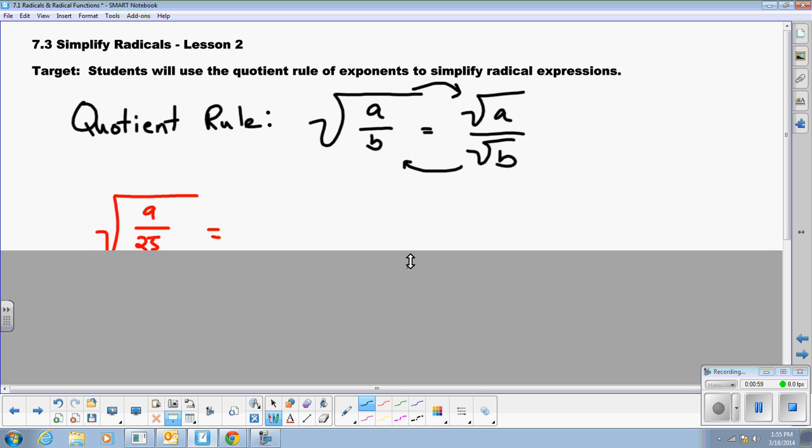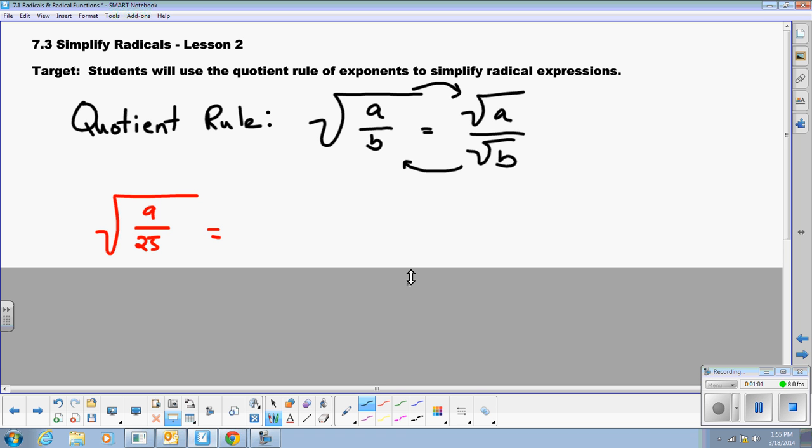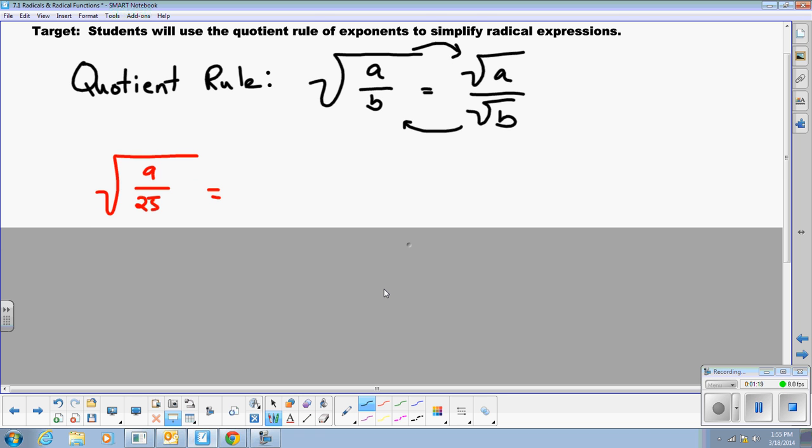So to look at some examples of the type of things I'm going to have you work with today: everything I'm going to have you work with right now will have the whole fraction underneath the radical sign. So we'll be going from left to right as I have in the example up here. When I look at this, I have the square root of 9/25. In this case, you're going to see a lot of things where you do actually have something that will work with the square root.